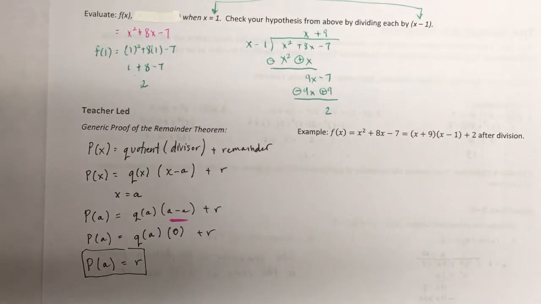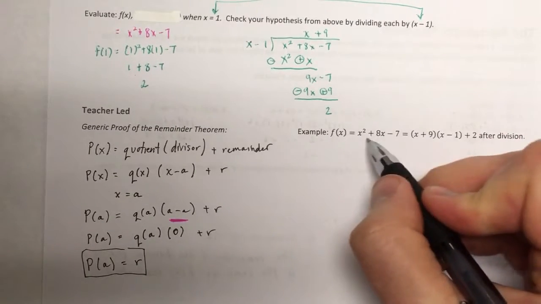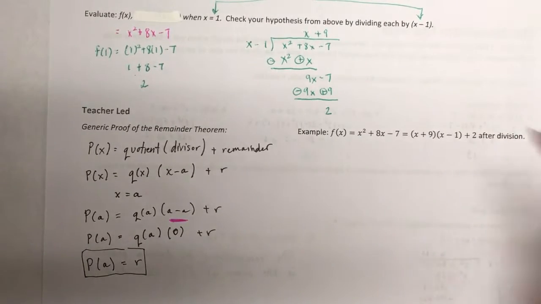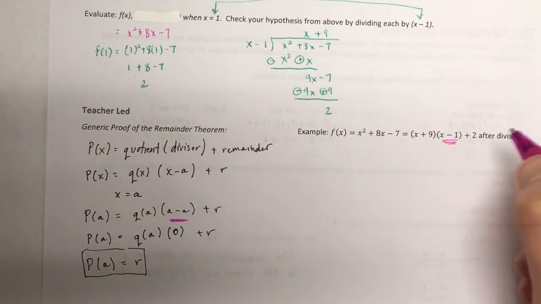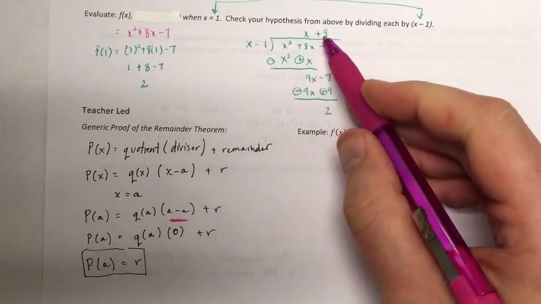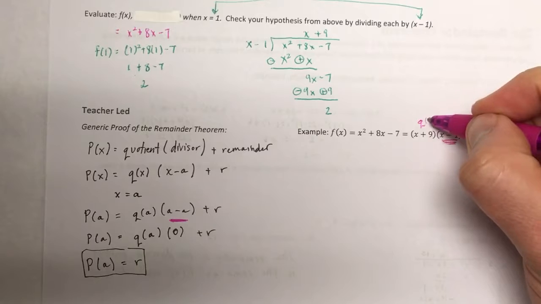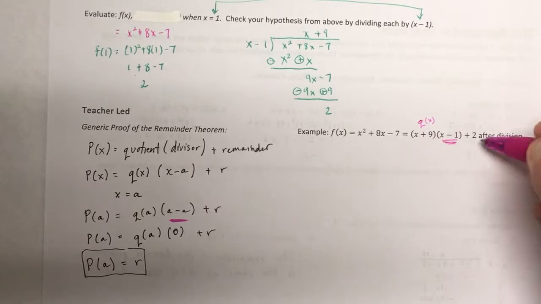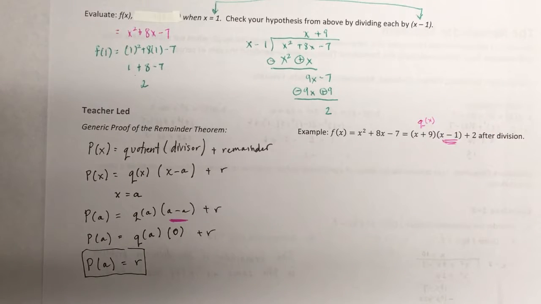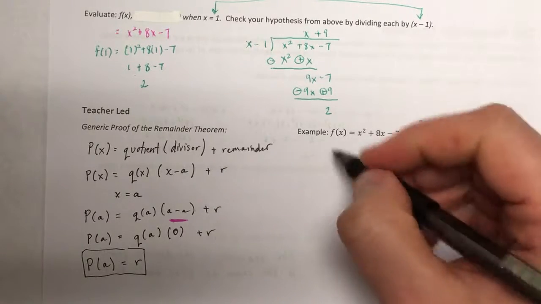And you can sort of check this. And so here's the result. When I divided by x minus 1, this is the quotient. This is my q of x. This was the factor, and there's my plus 1. And so the question really belies what happens when I substitute 1 into this.